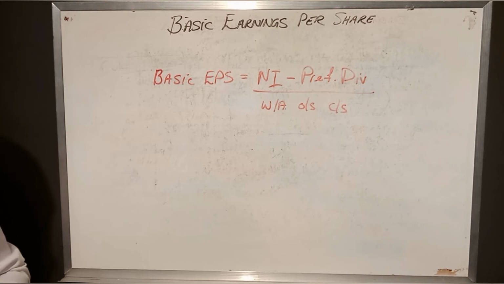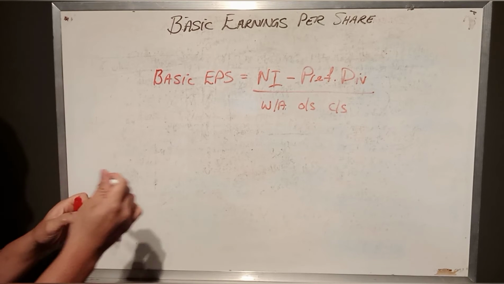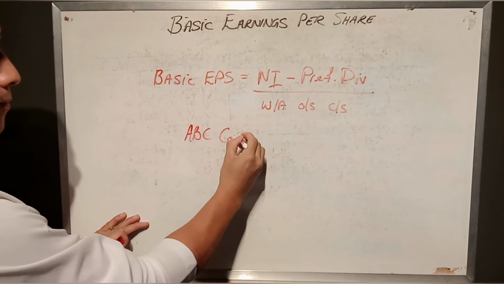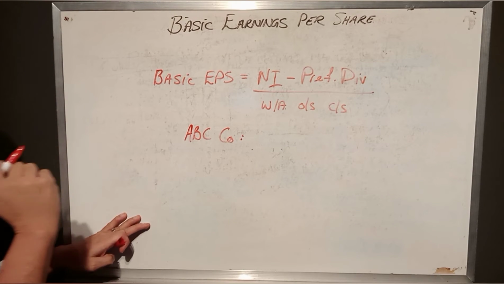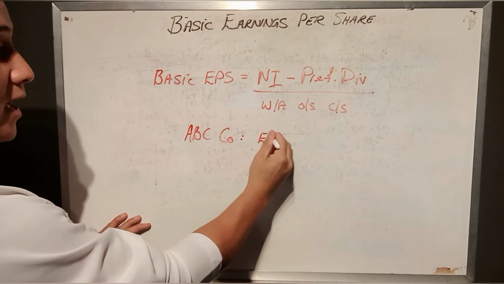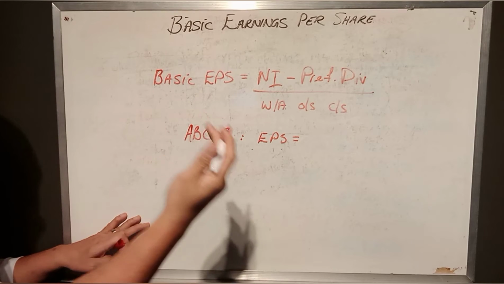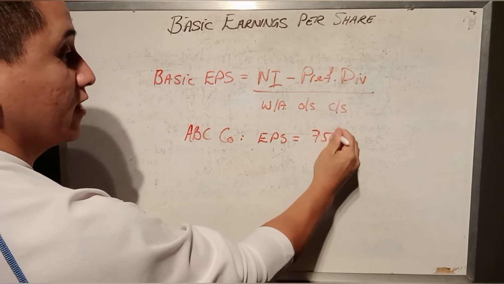Now, let's say, for example, that ABC company has net income of $750,000.